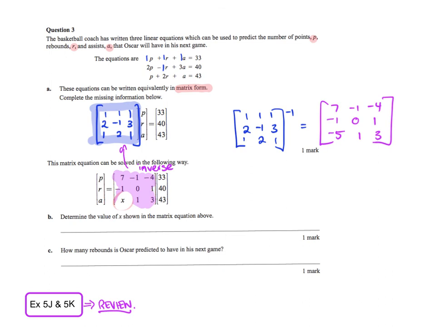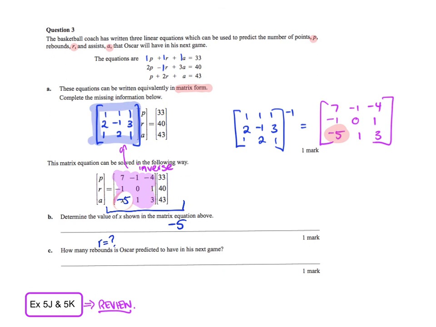So what's the answer to x? Good. So we know now that x is -5. And then it says how many rebounds will Oscar have in the next game. So pretty much they're asking what R is. So I just need to go solve it. So I pretty much need to calculate this now with the -5 and get the answer.